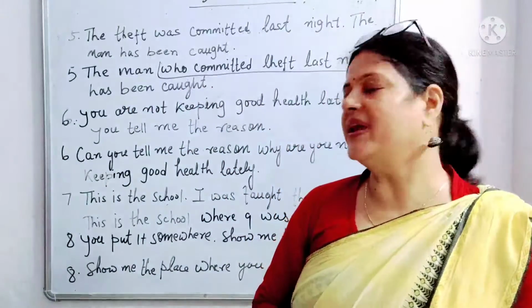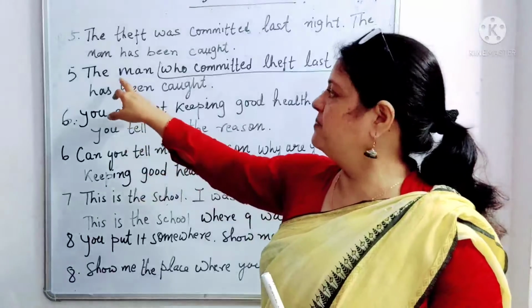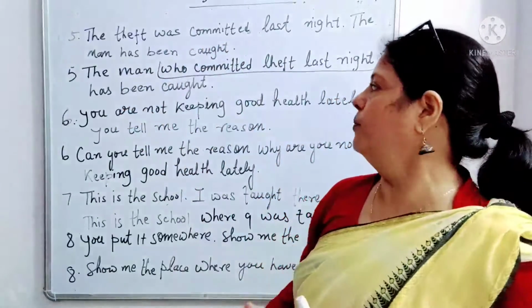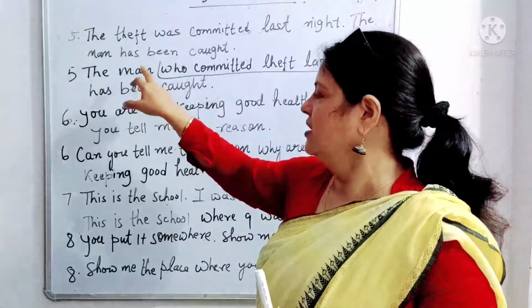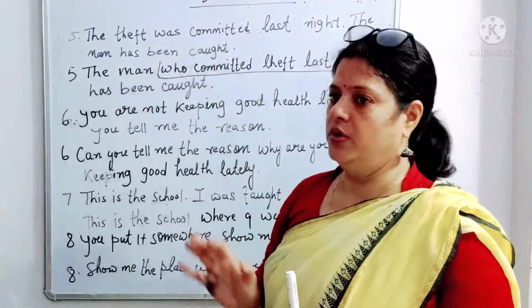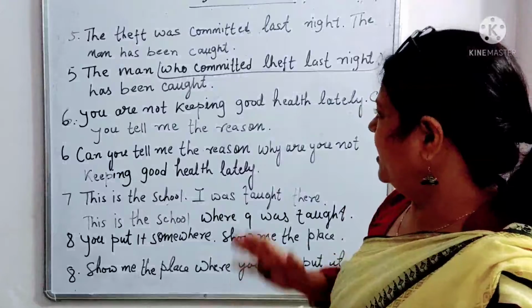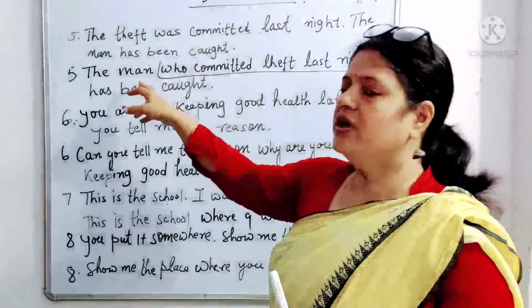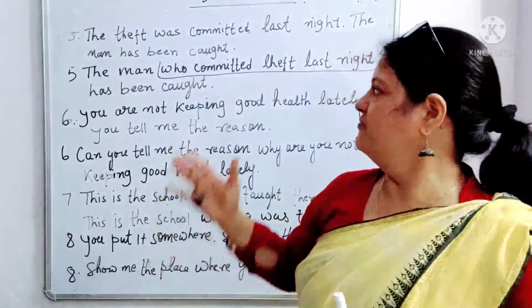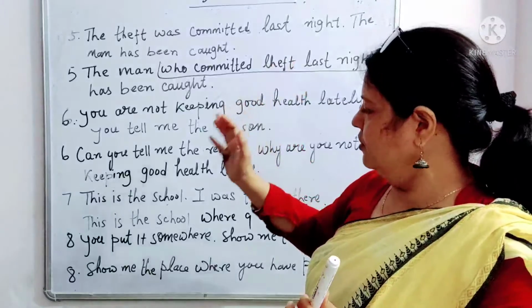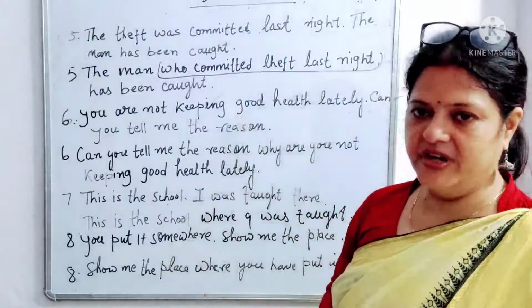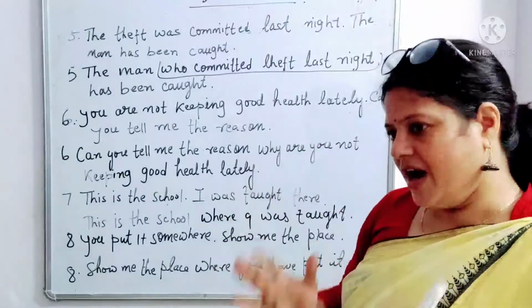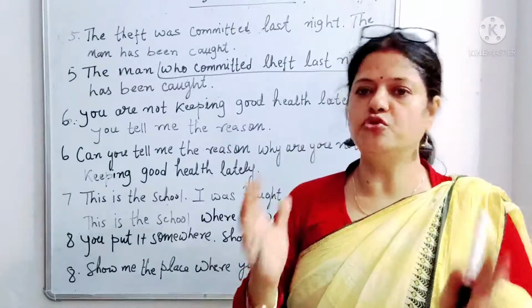This has become a complex sentence, and remember this principal clause is divided into two parts, because in the beginning of a sentence we have this noun. So if the noun comes in the beginning of a sentence, we put the subordinate clause after it, and we have to divide the principal clause into two parts.